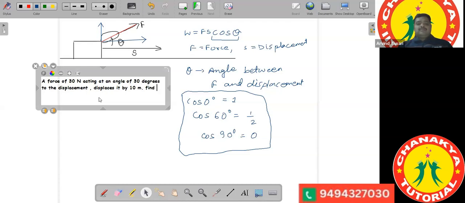Find the work done. So can you tell the work done?